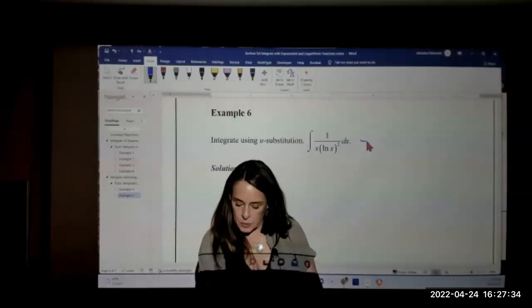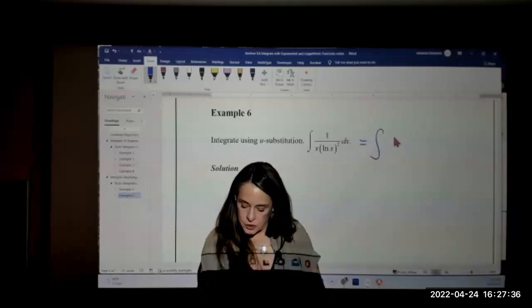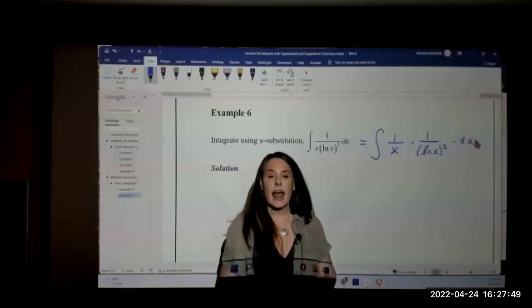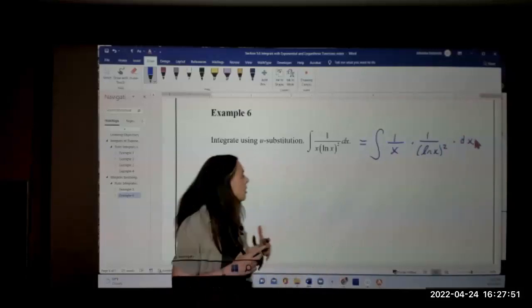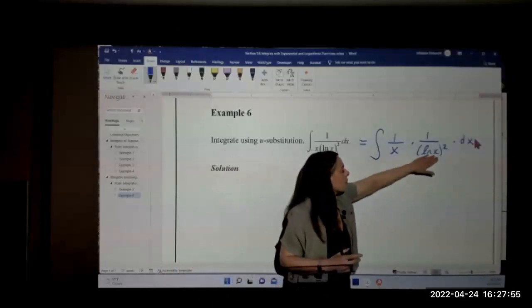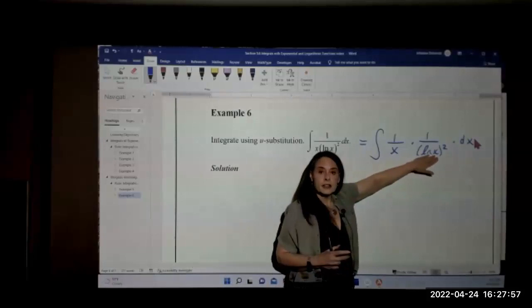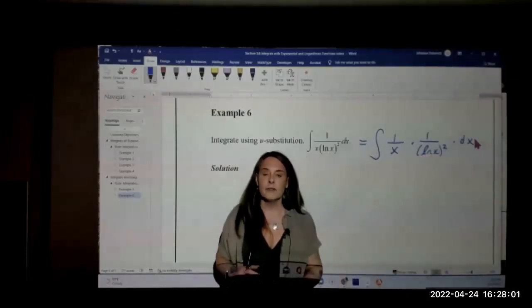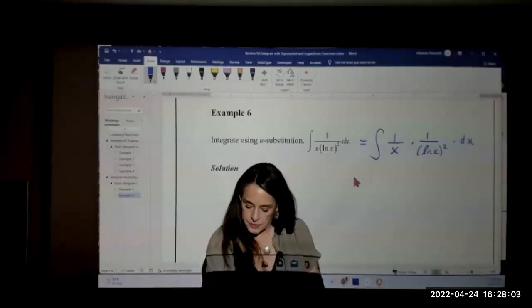Let's write this in a more expanded form so you can see the pieces. This becomes 1 over the natural log of x squared times 1 over x times dx. Then I could actually think of the natural log of x as u, and I could, if I wanted to, write this in the numerator by changing the sign of the exponent from 2 to -2.